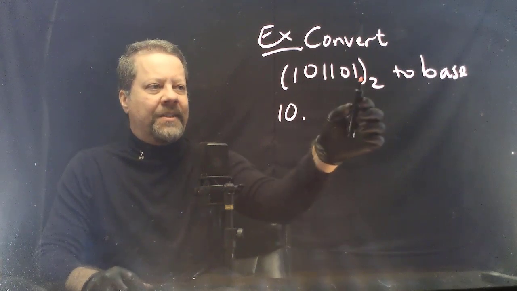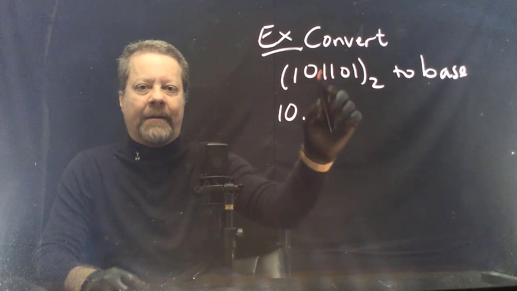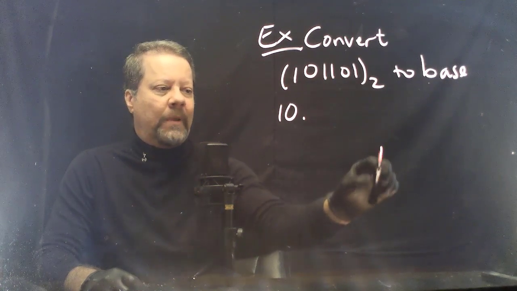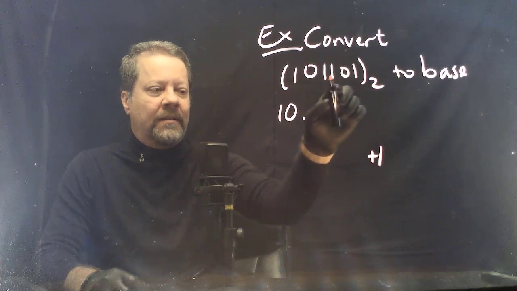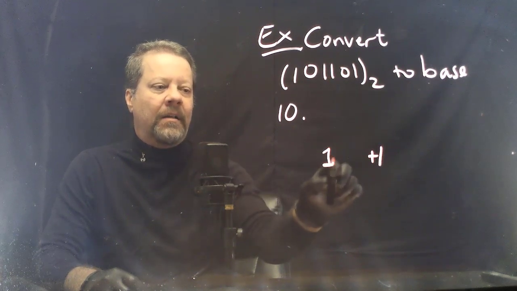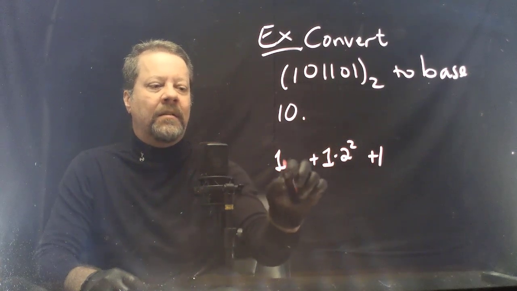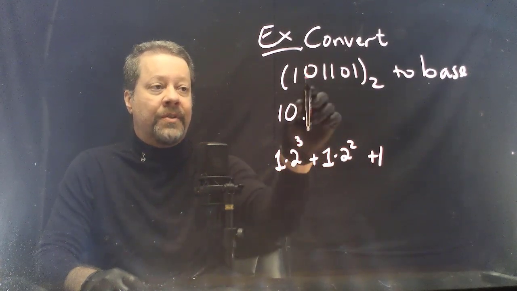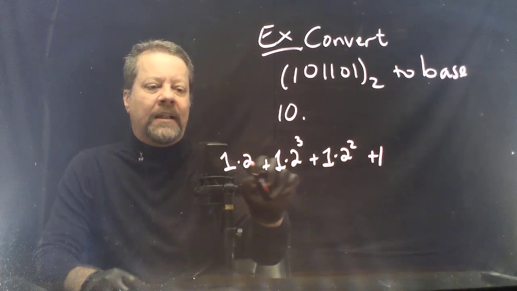Let's first express this number in base 2 as a sum of powers of 2. You'll have 1, 0 times 2 to the 1, 1 times 2 squared, 1 times 2 cubed, 0 times 2 to the 4th, and 1 times 2 to the 5th.